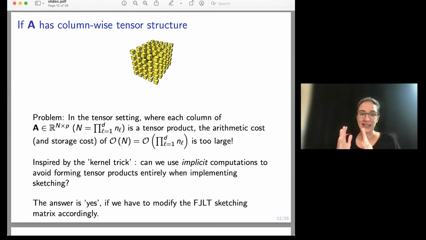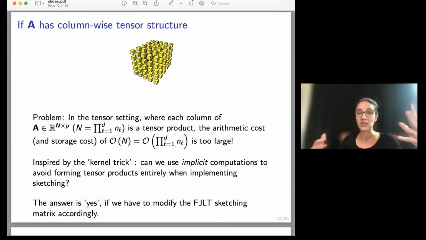Again, in this case, this N is going to grow exponentially with the degree d. So even having any arithmetic cost or any storage cost that depends linearly on capital N is going to be too large. That's a bottleneck, because it's like the curse of dimensionality.